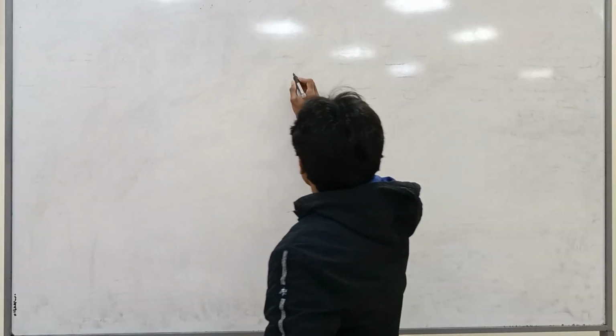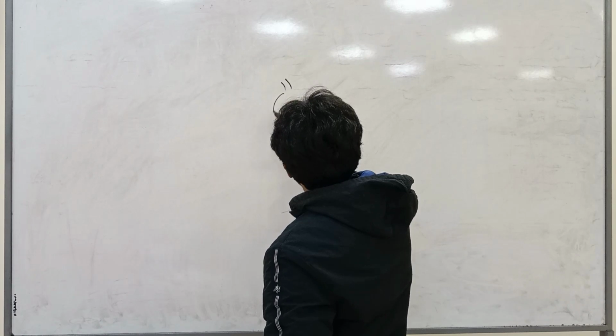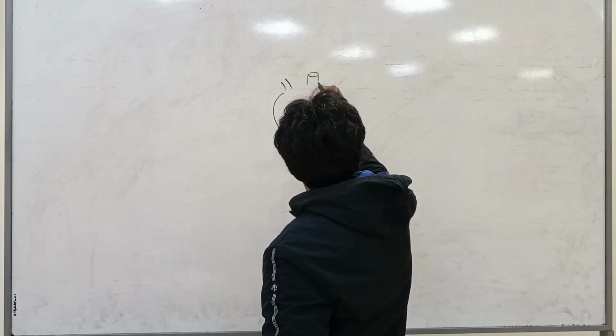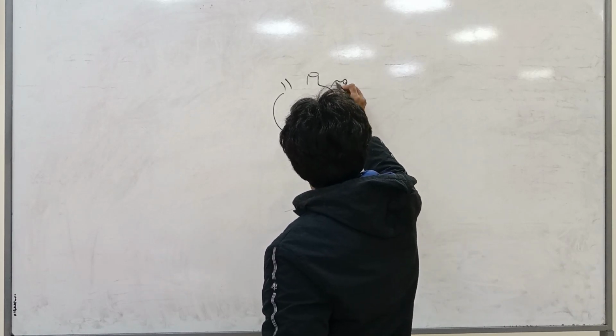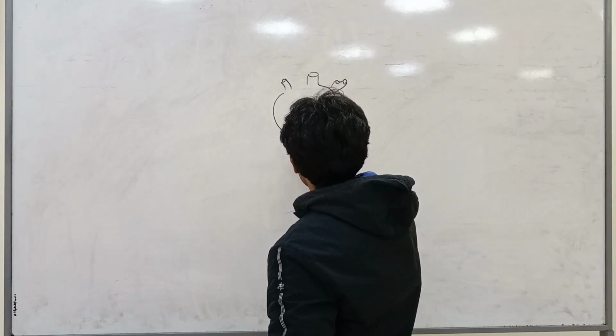Look at this diagram. We have a heart. It's an aorta. It's a superior vena cava and inferior vena cava.